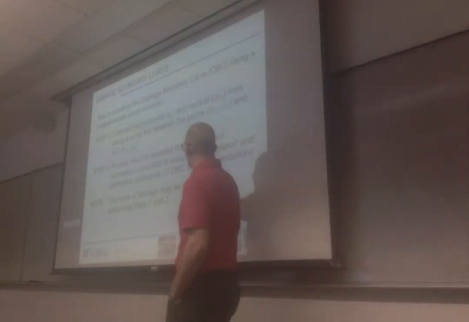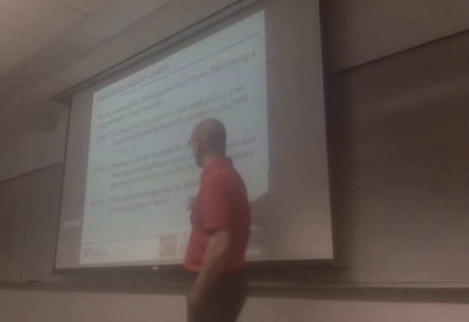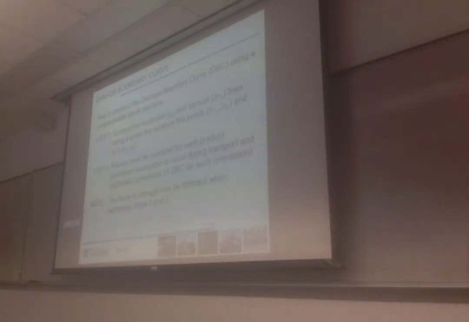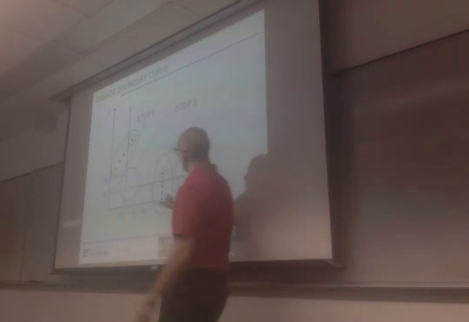If you want to avoid over-packaging your product, this is also important: the mode of damage may be different when performing step 1 and step 2. So damage due to a half-sine impulse by increasing the drop height can be one part that snaps off or breaks, and the damage in step 2 might be a different part.